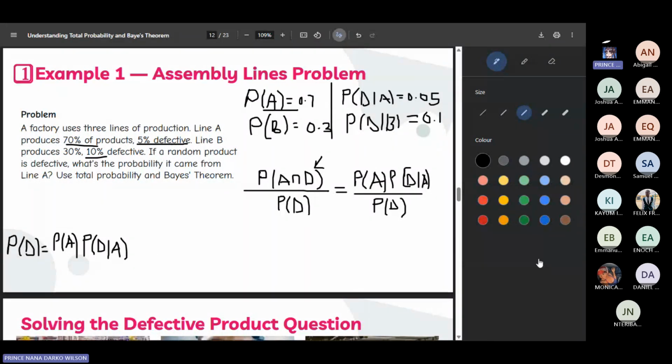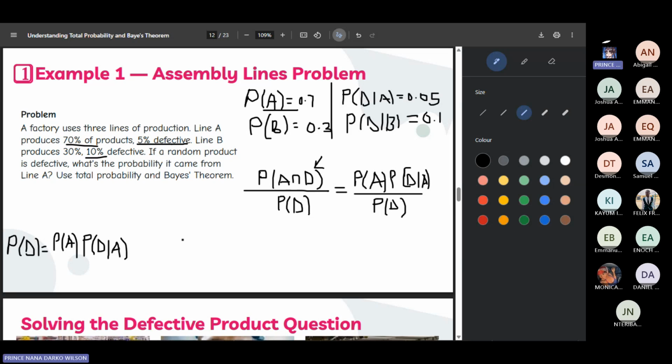The probability of picking a defective product, Mr. Kayum says 0.065. So the rest of you, I want to know if we are working or we are lost. It's correct. Okay, so then you said it's 0.065, right?